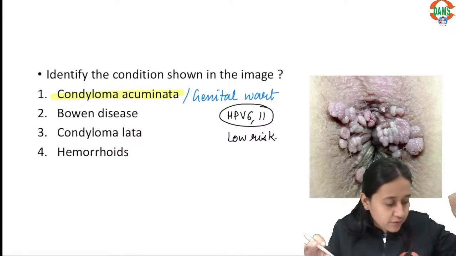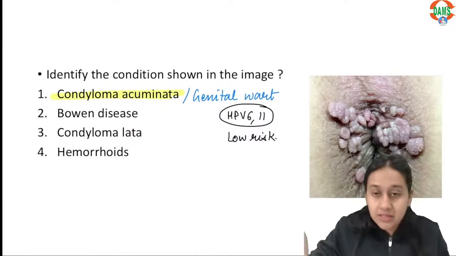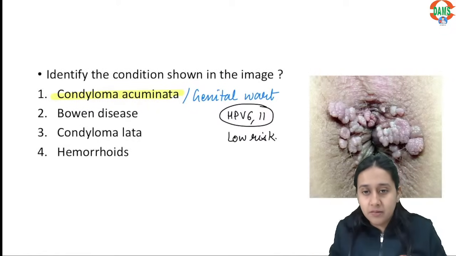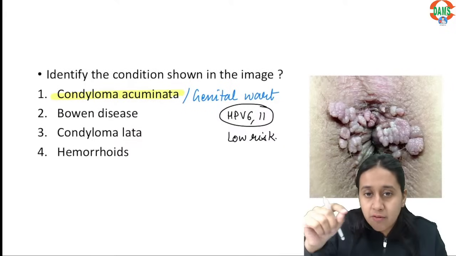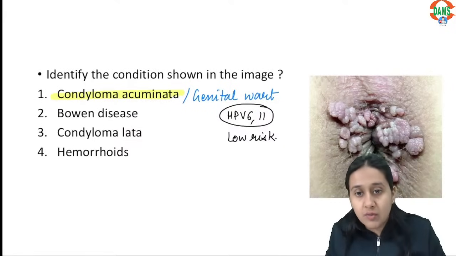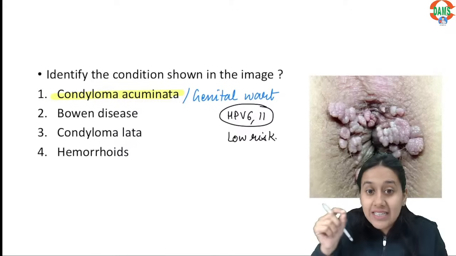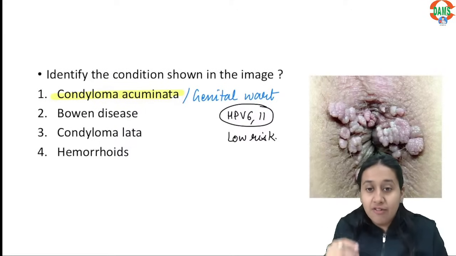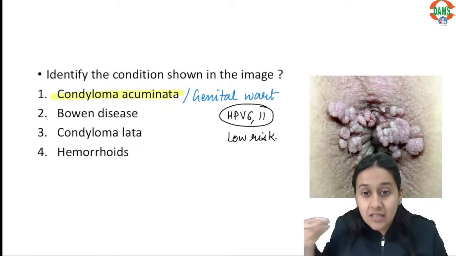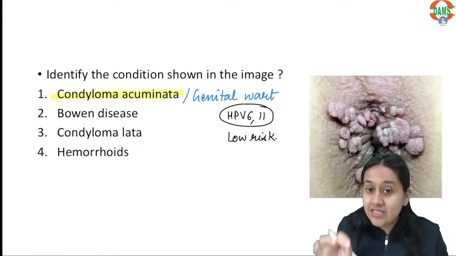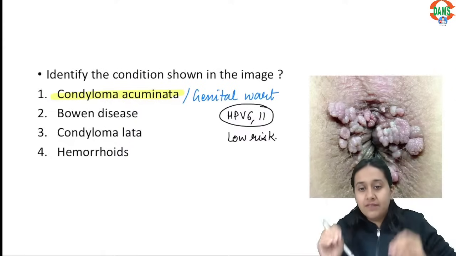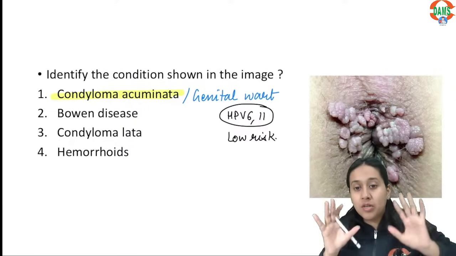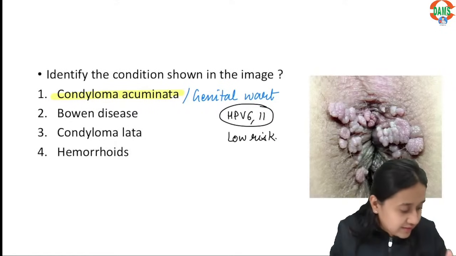Is it true or false? Please remember, it is a false statement. Why can we not give Cervarix or Gardasil for the prevention of genital wart? Because genital wart is due to HPV 6 and 11, while vaccines like Gardasil or Cervarix are against HPV 16, 18, 31, 33. So they will not provide any protection against HPV 6 and 11.